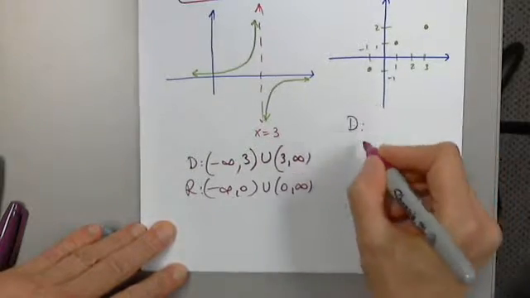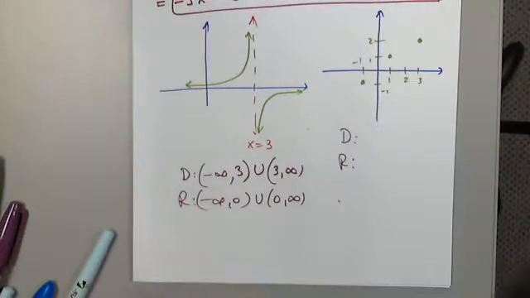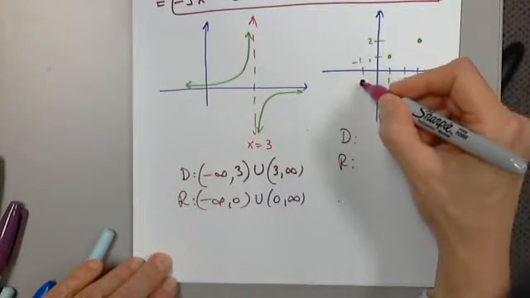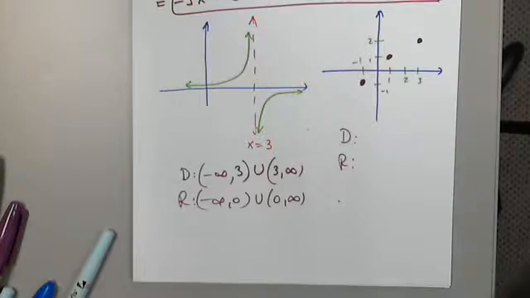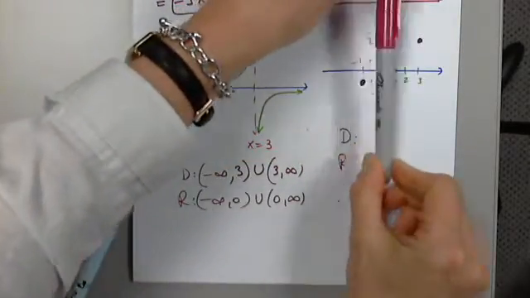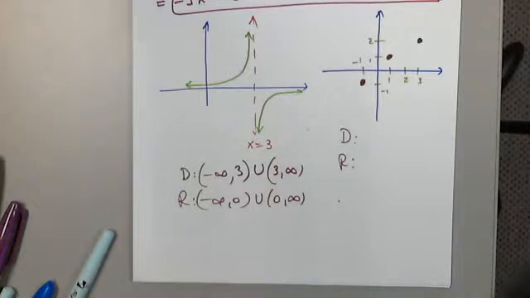Now I would like to do the same thing for this function. By the way, is this a function? Yes, exactly, by the vertical line test, this is a function. Perfect. So now I would like to determine its domain. Great job. Can anyone give us a domain?